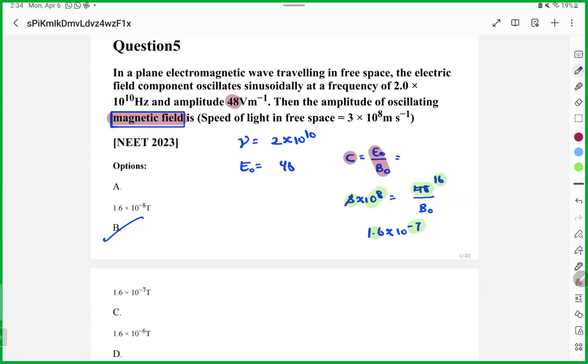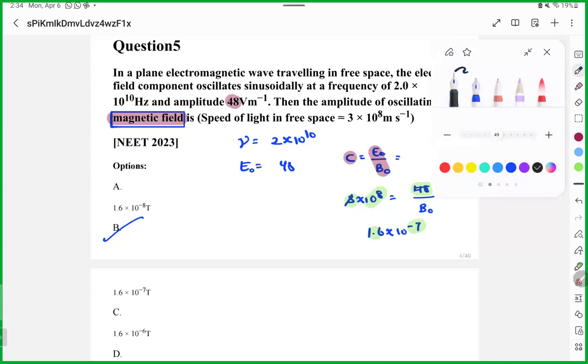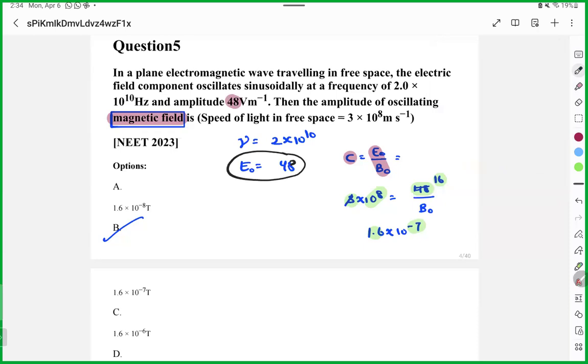तो कितना सिंपल क्वेश्चन था कि हमें E naught की वैल्यू दी हुई है 48, है ना? हमें speed of light पता होता है 3 × 10⁸ और हमें बस एक सिंपल सा फॉर्मूला लगाना है कि C is equal to E naught by B naught. B naught we have to calculate, what will be B naught value?